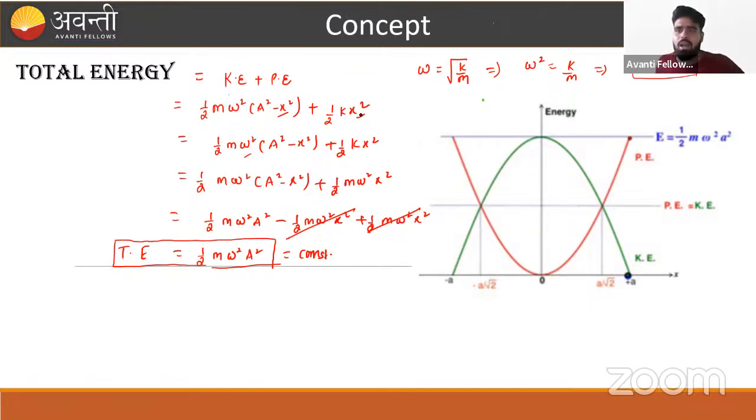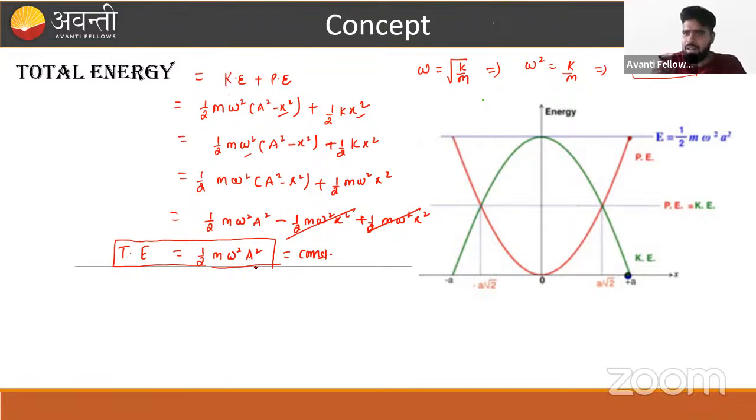In the previous shift of 10th April, the same type of question was asked: what is the graph of the total energy, including kinetic plus potential energy? So we can say that this is a constant value, and we can also observe that this total energy is half m omega square a square.